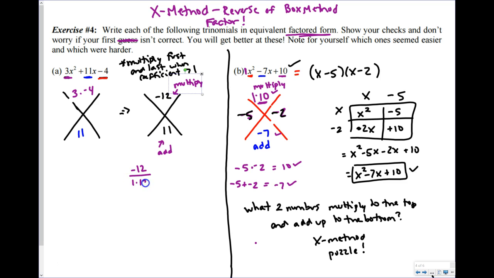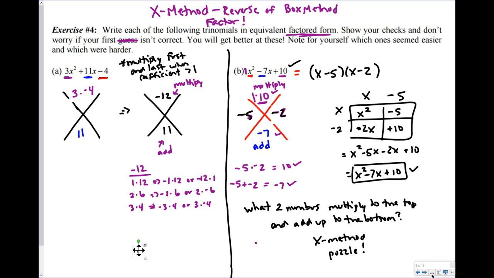Okay, I have 1 times 12, 2 times 6, and 3 times 4. But since I want a -12, one of these numbers has to be negative. I could have -1 times +12, or -12 times +1. I could have -2 times +6, or 2 times -6. Or finally, I could have -3 times 4, or 3 times -4.